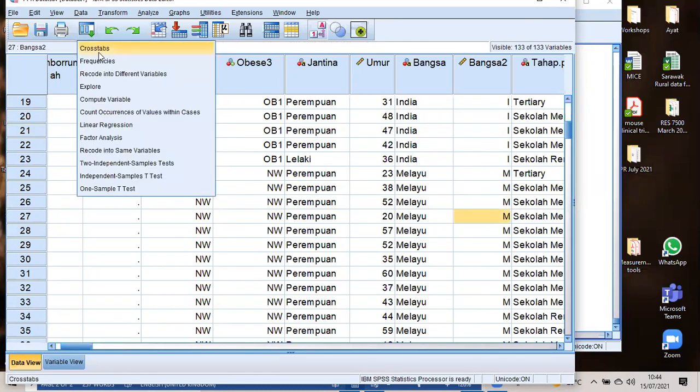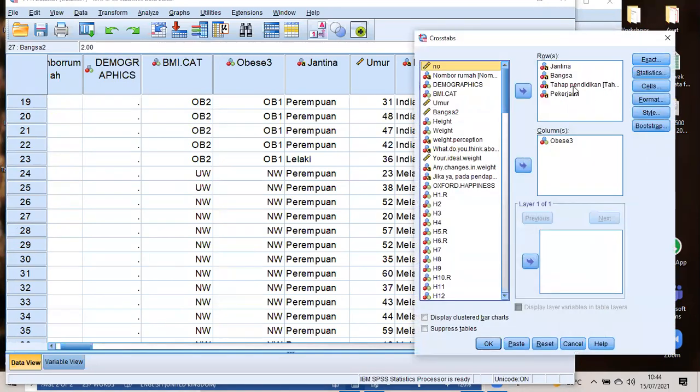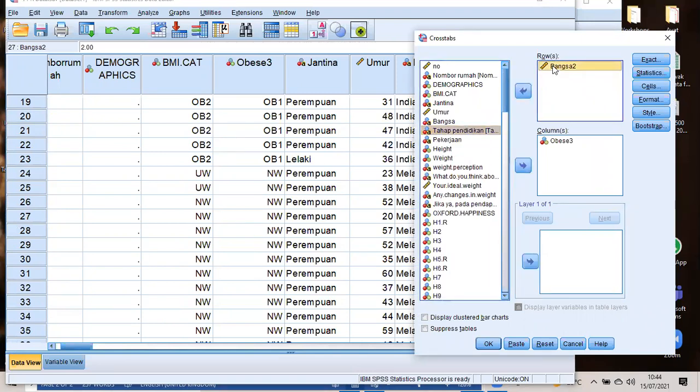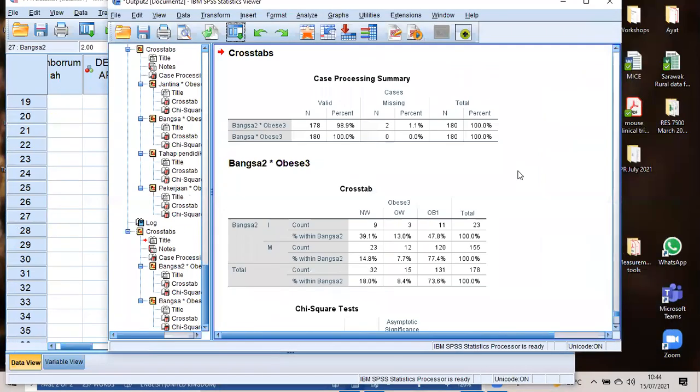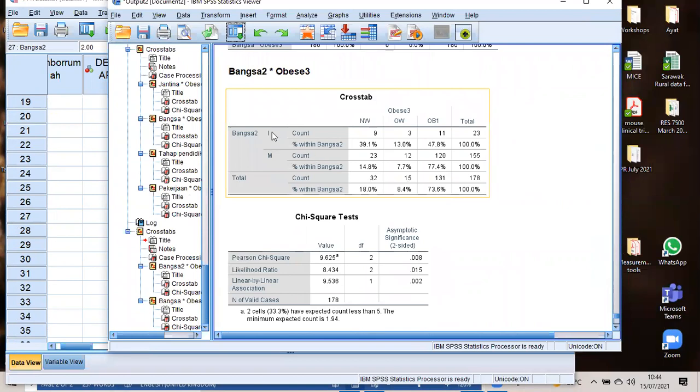Let me do the analysis now. Bangsa, Jantina. Let me just do this first. This Bangsa 2 alone, compared to Bangsa just now. So Bangsa 2, only Indians and Malays.